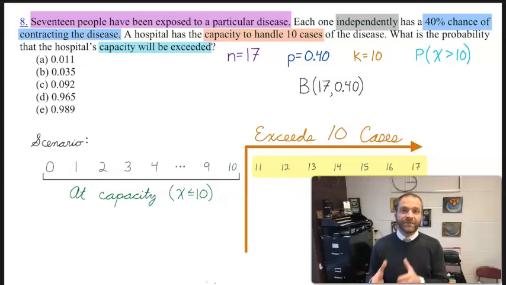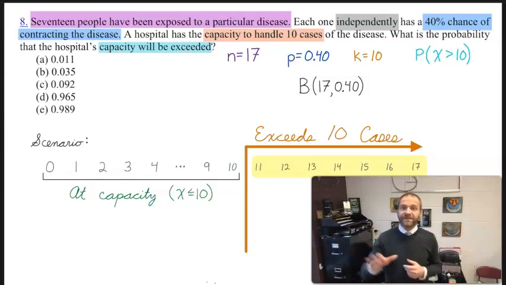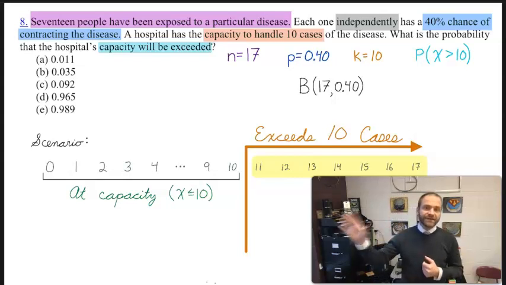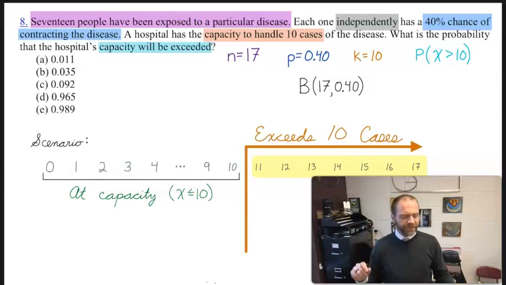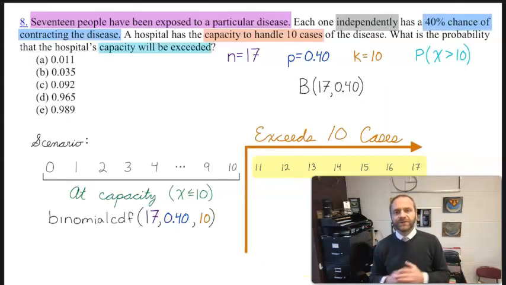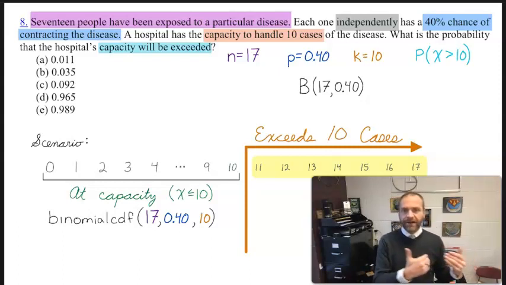There's 17 people who are exposed. So of that 17, how many can we expect to get the disease? So I'm thinking it's binomial. I'm still going to keep this in mind, though, because this is a very interesting way to look at it. Because I can use binomial CDF. If I want to find out that the hospital is going to exceed capacity, I might as well find out what it is to the left, at capacity.